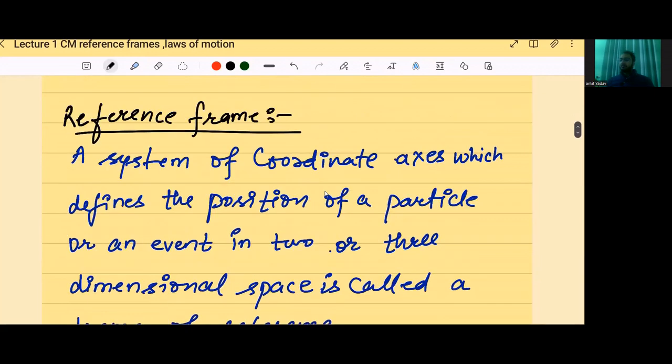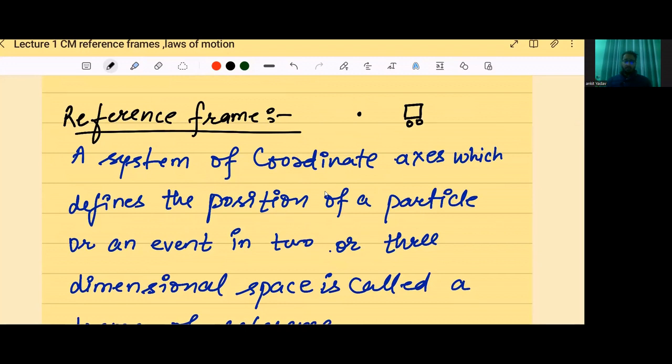reference frame. From a reference point, we can tell that the object is in motion or at rest. One object can be at rest according to another object, and it can be in motion with reference to another object.